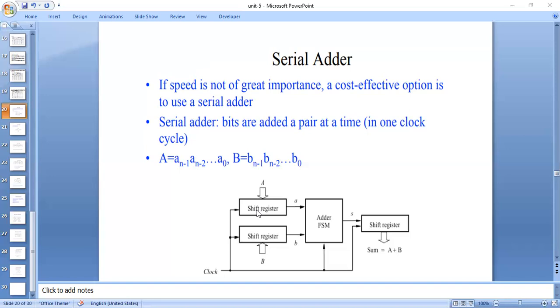You have to assume the data contained in these shift registers: this will be A and this will be B, where A is a 4-bit number and B is also a 4-bit number. For each incoming clock pulse, it performs the right shift operation. So the input will be applied to this full adder. And here you have to remember one thing.